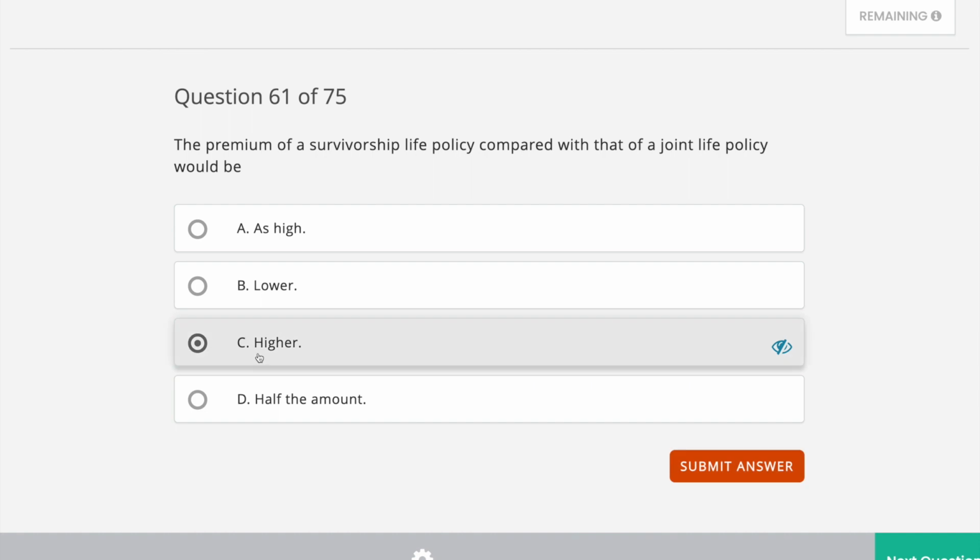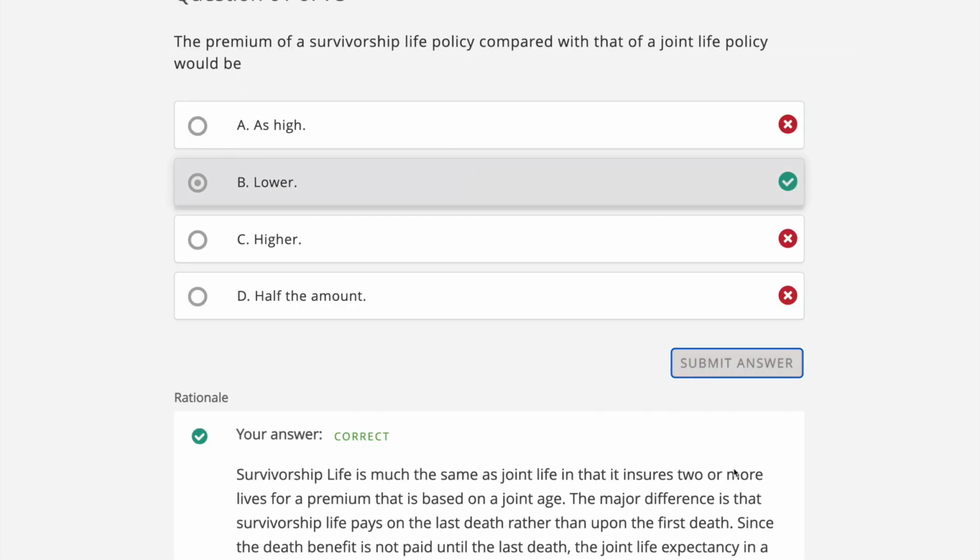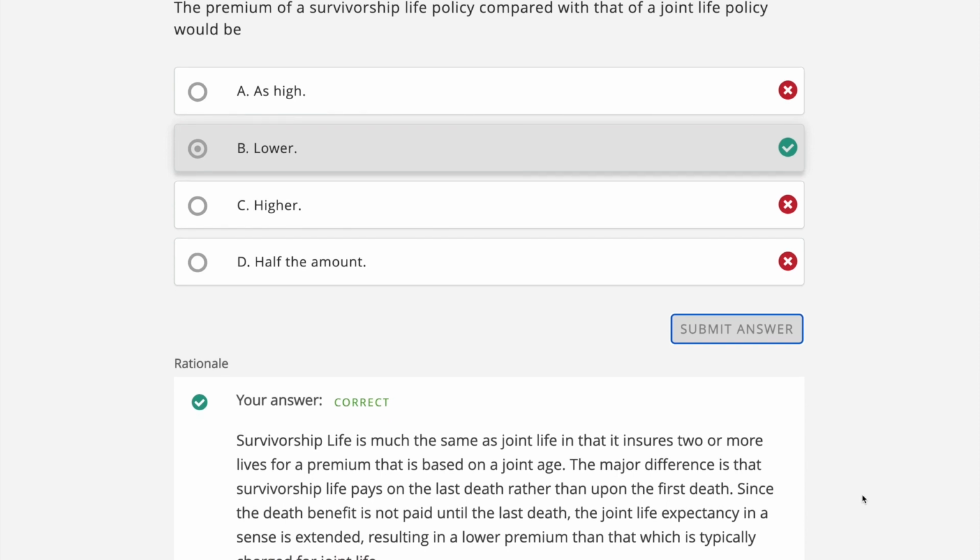Higher or lower? Well, survivorship is going to be lower compared to joint life. There it is. I got mixed up with what they were trying to compare to. So survivorship is lower compared to joint. Survivorship premiums are going to be lower than joint life.